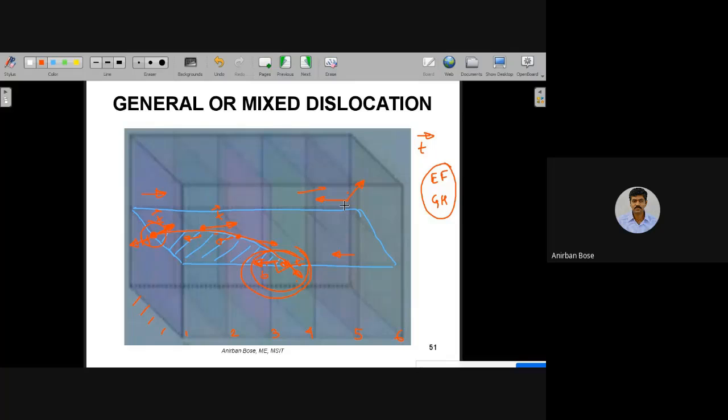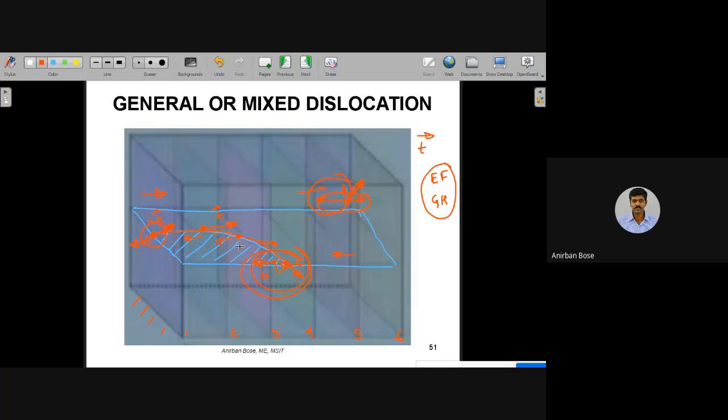One is screw and another one is edge, because that particular T you can divide into two components, one component in this direction, another in this direction, and this component will produce the edge component, and this component is going to produce a screw component. So in other locations, basically it is a general state of stress that will be there. Both tensile and compression along with the shear will be there.